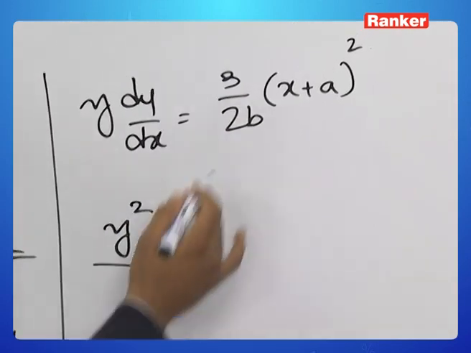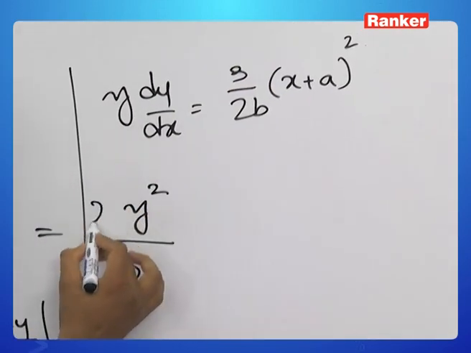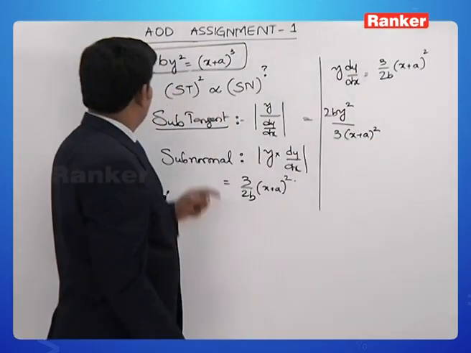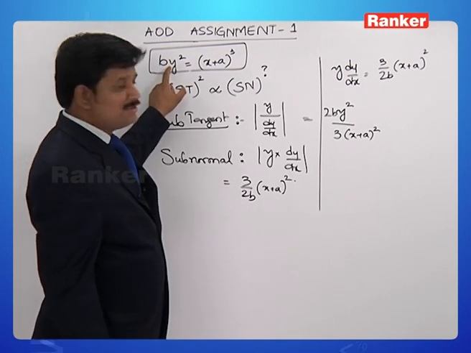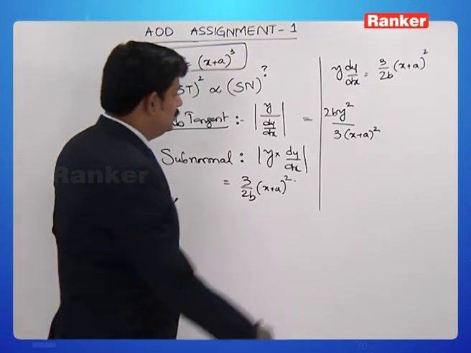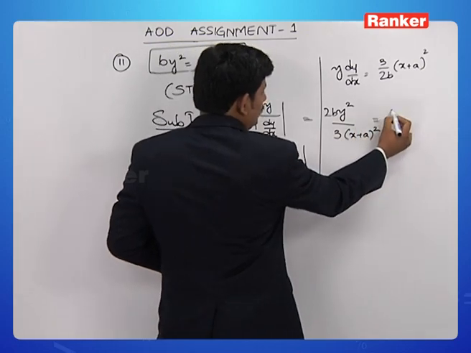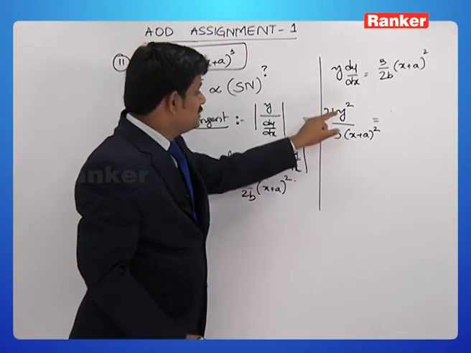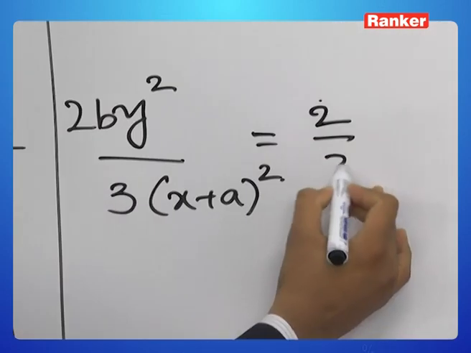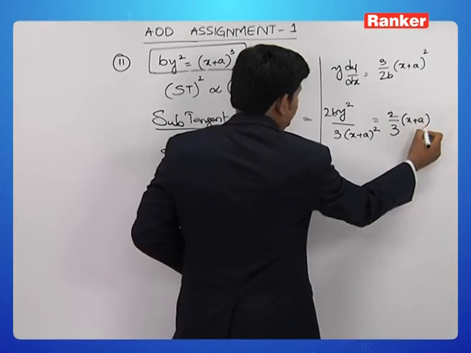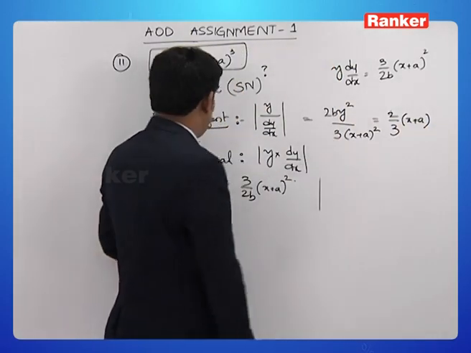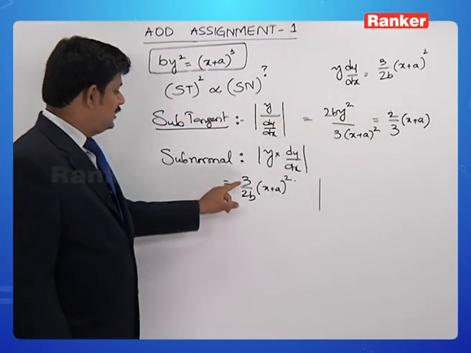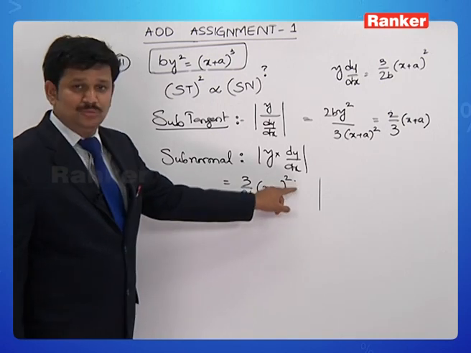Dividing y square by this quantity, we have 2 by 3, (x plus a) whole square in the denominator, and from this curve we know y square is nothing but (x plus a) whole cube. So we can replace it by (x plus a) whole cube, and (x plus a) whole square gets cancelled, giving 2 by 3 (x plus a). So the subtangent length is 2 by 3 (x plus a), and the subnormal length is 3 by 2 (x plus a) whole square.